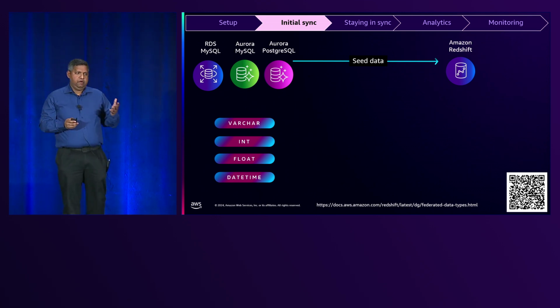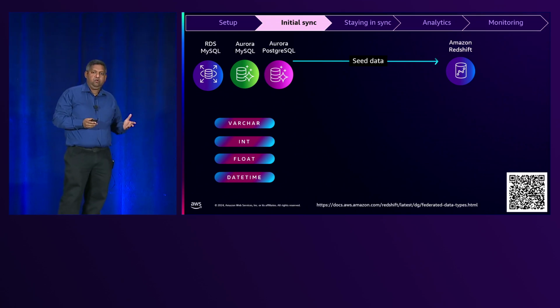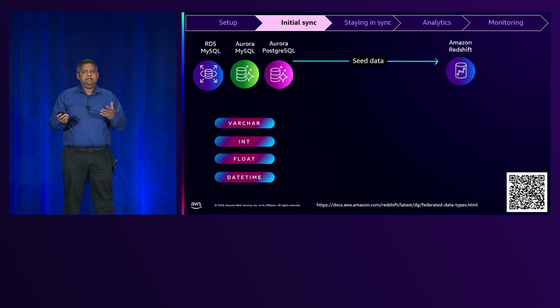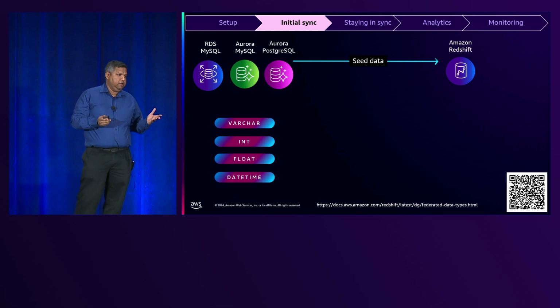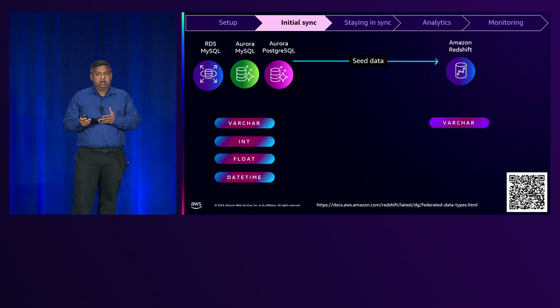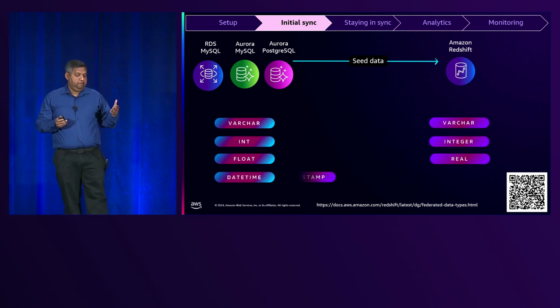However, if you're using Aurora MySQL or RDS MySQL, you may need to understand how data types are converted. For example, a varchar in MySQL moves as varchar in Redshift, but integer, float, or datetime types get converted to their equivalent data types in Redshift.